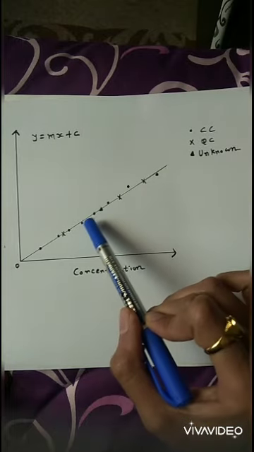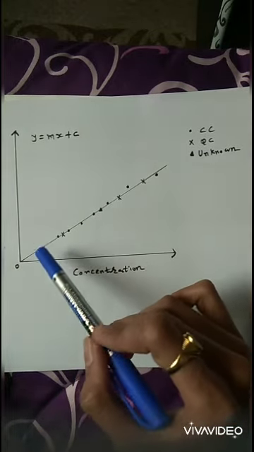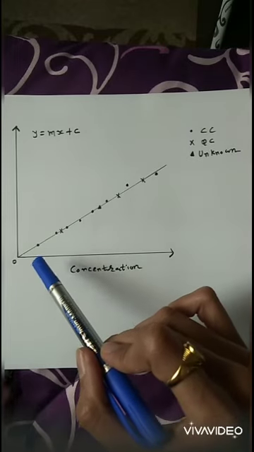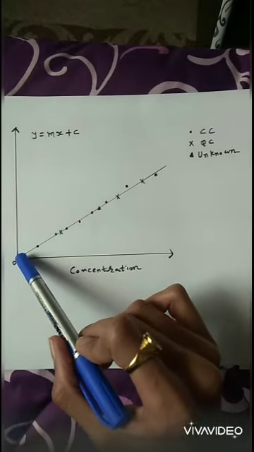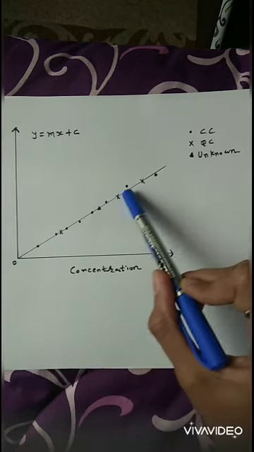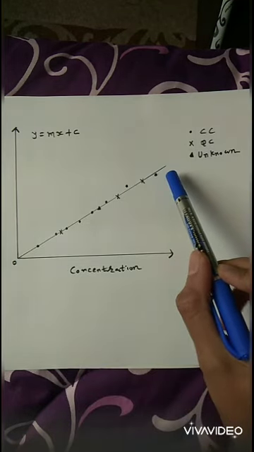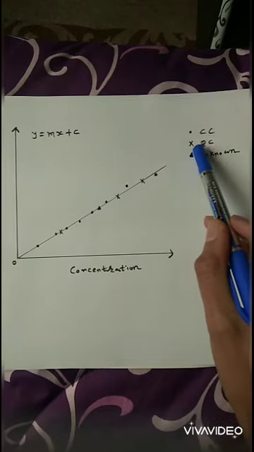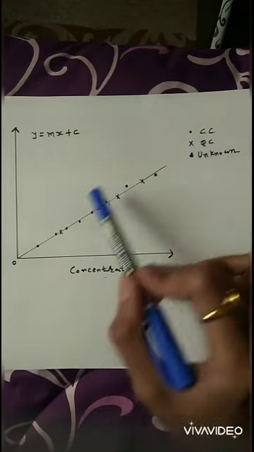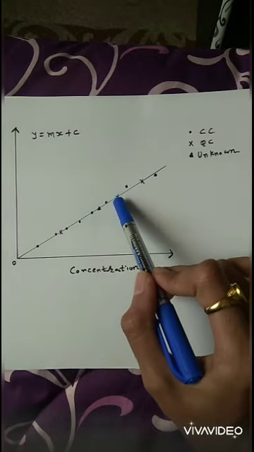First of all, we have to run the calibration standards in our LCMS. So this curve will be plotted based on the concentrations of the calibration standards, and then the QC is represented as a cross here.